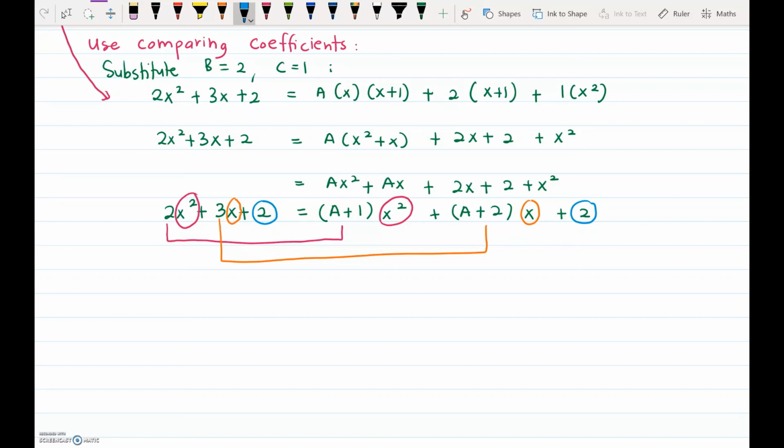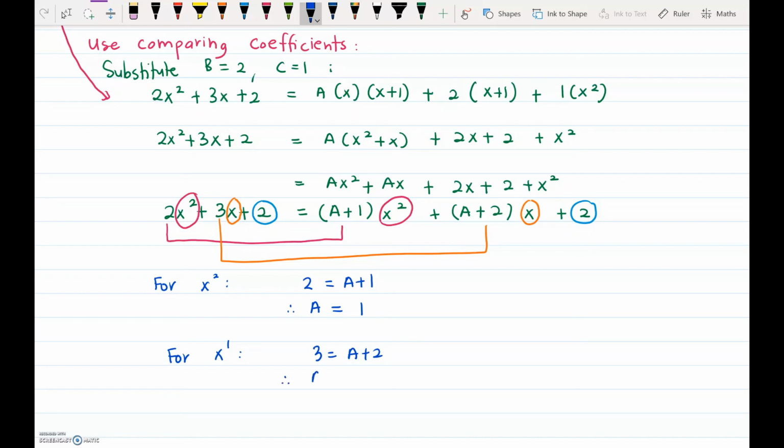Alright, so now when you compare the coefficient for x squared, the coefficient is 2 equals to a plus 1. That means what will be your a? So your a will be equal to 1. For x power 1, the coefficient is 3 equals to a plus 2.